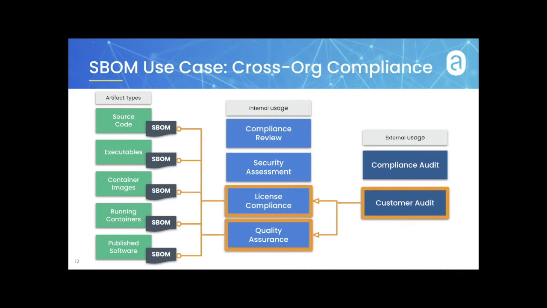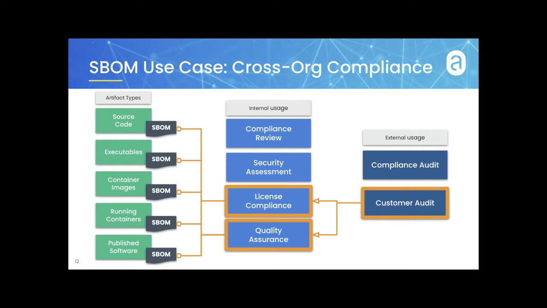The second one is about cross-organizational compliance. And this one, I think, is a little bit new. As Kim was mentioning earlier, I think the traditional version of this has really been focused a lot on license compliance, and often more specifically on open source license compliance.